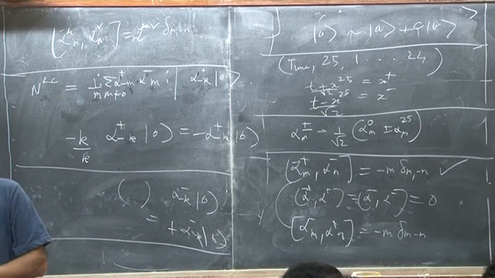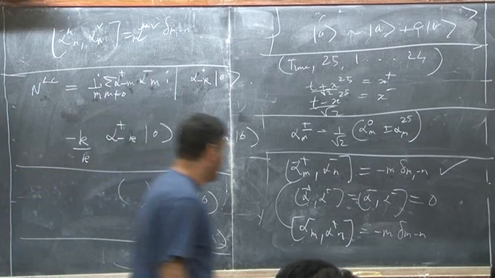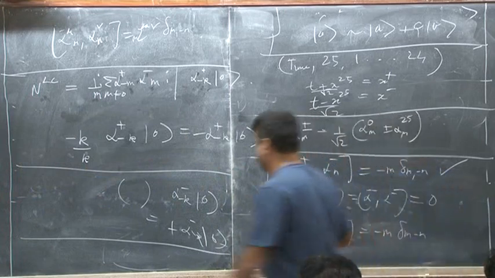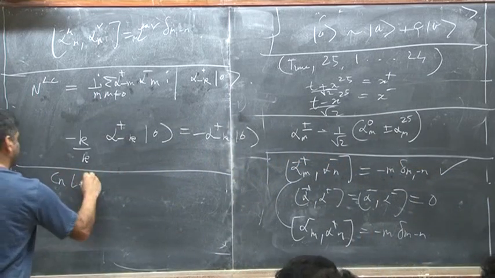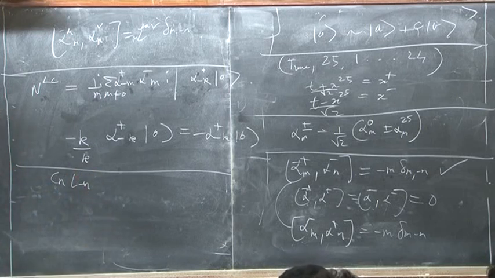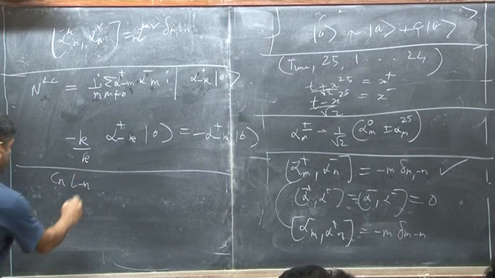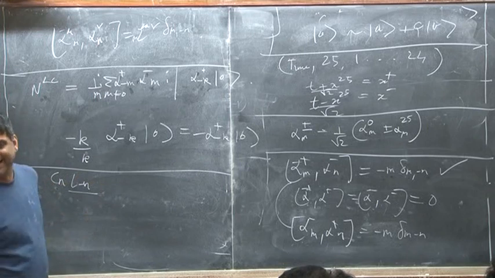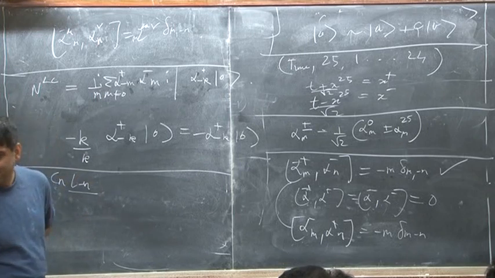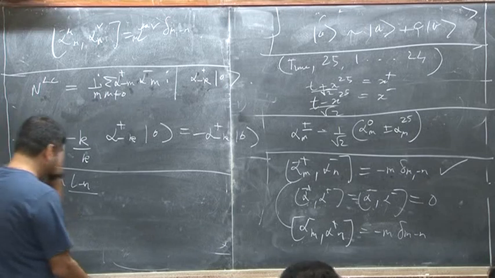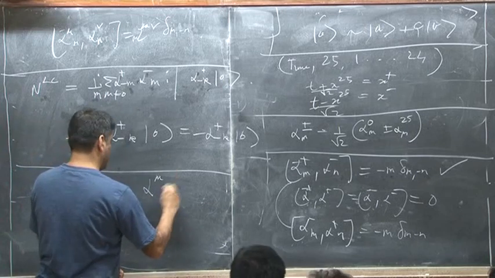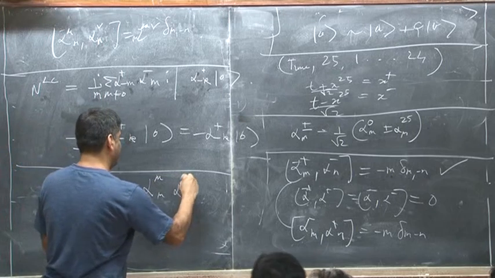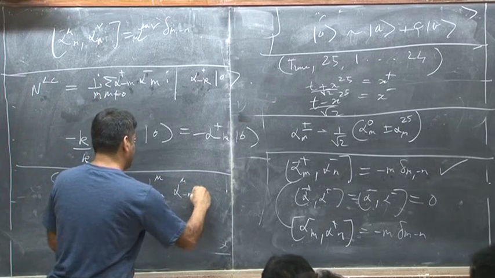Is this clear? Okay. See, suppose we take the term Cn L minus n. Cn carries no NLC number, it's purely a ghost thing. It's all in L minus n. What's its structure? Alpha mu m alpha mu minus n minus m.